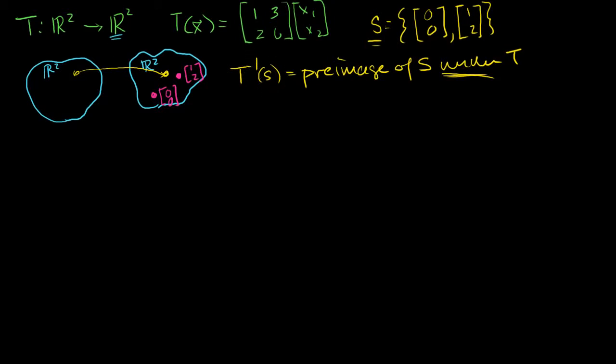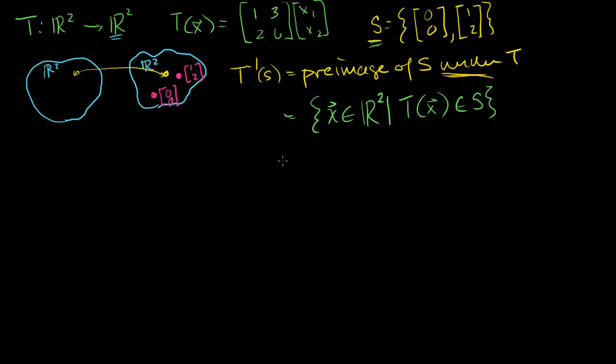And we saw in the last video, this is all of the elements in our domain where the transformation of those x's is a member of the subset of our codomain that we're trying to find the preimage of. Now, what is another way of writing this?